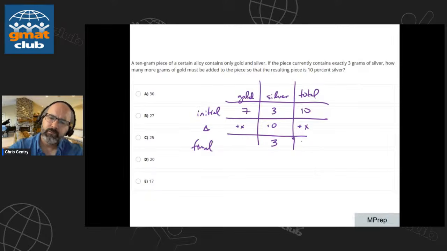Well, that's 30. 10% of 30 is 3. So how much must we have added? We must have added 20. There is an algebra way to do it. You'd set it up as your total being that 10 plus x.